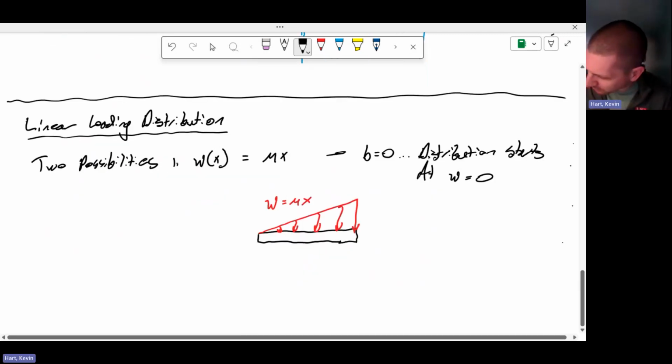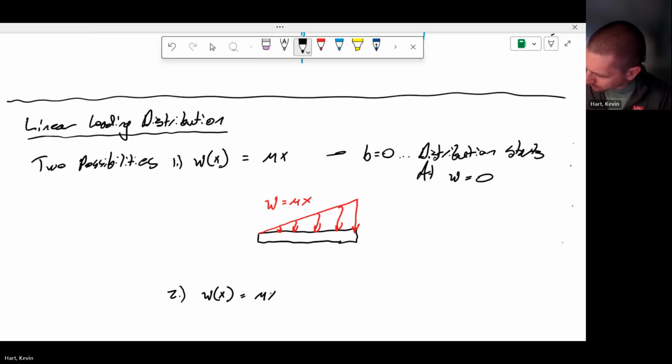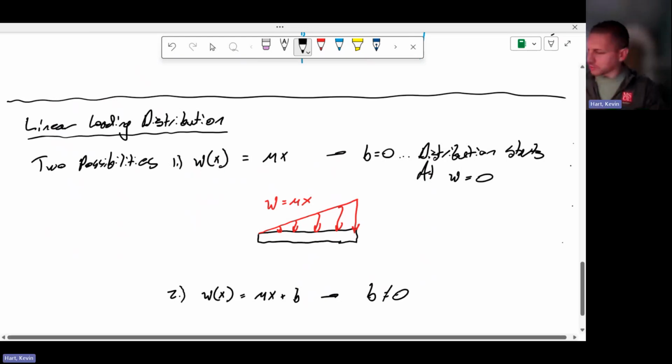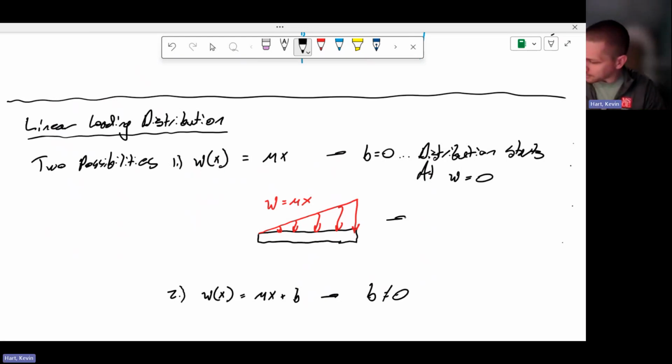And the other possibility, if we label this as number 1, is that it does not start at 0. It's probably a more common occurrence. In this case, b does not equal 0, and this is a trapezoidal distribution. So this is triangular, I think pretty clearly to see.